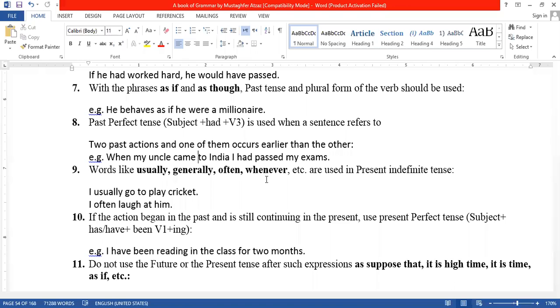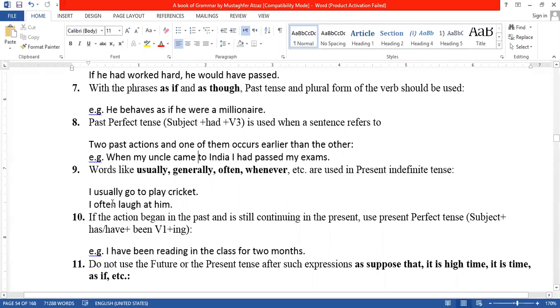Fine. Okay, now look at this. I usually go to play cricket, because it is maybe your habit. So we are using this word usually. That implies that it is your habit. So when you have determined that this is your habit, you cannot use any other tense except present indefinite. All right. Now look at the following example. I often laugh at him.